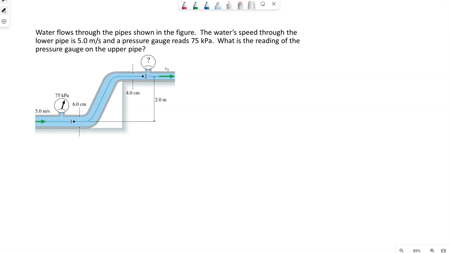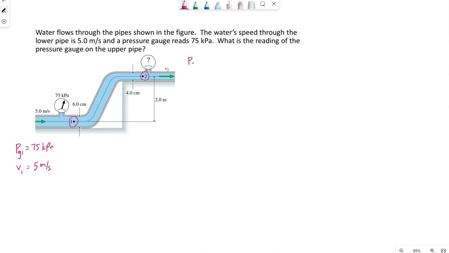All right, so we do want to reference point 1, which they have in the picture, versus point 2. We know the gauge pressure down here is 75 kilopascals. They've given us the speed, so the speed of the fluid down here is 5 meters per second.